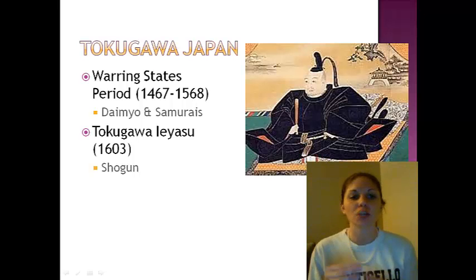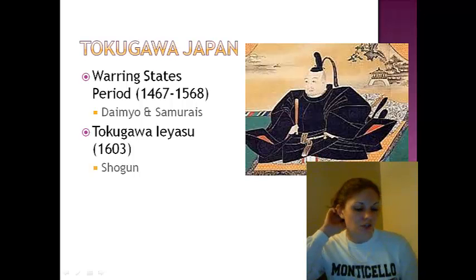It was actually one of his generals, Tokugawa Ieyasu, who in 1603 is really able to completely unify Japan and become the sole ruler, or shogun, of Japan. So Tokugawa Ieyasu in 1603 gets all of Japan united under his control, and he becomes the sole leader, or the shogun as they're called in Japan.